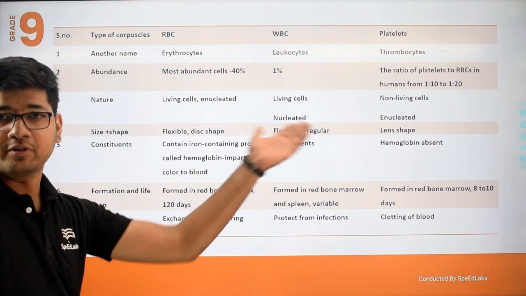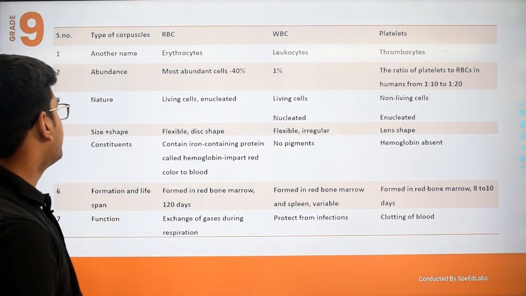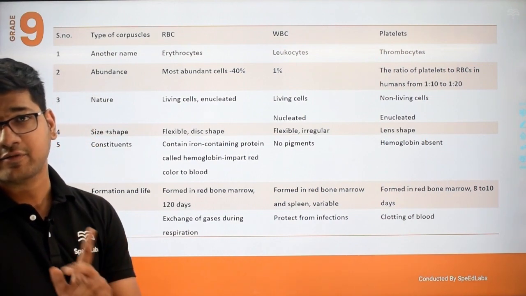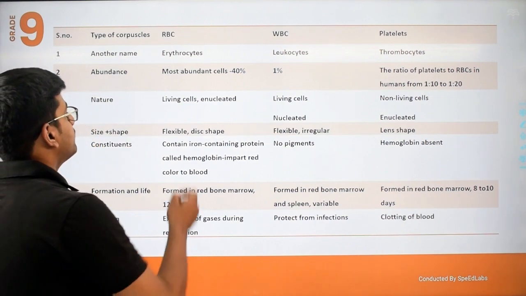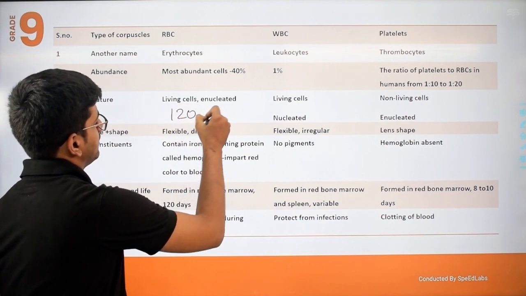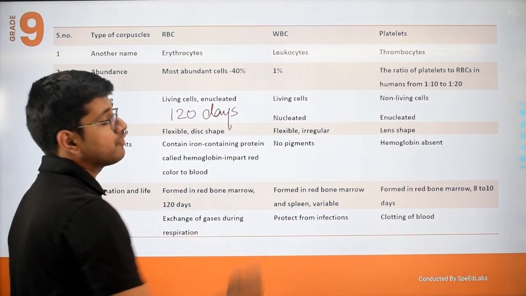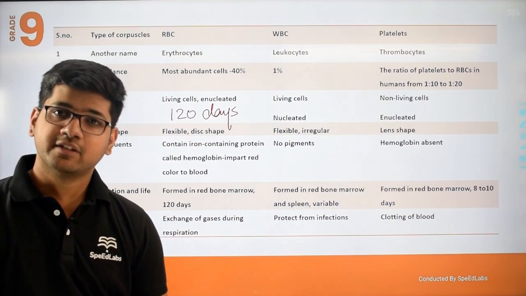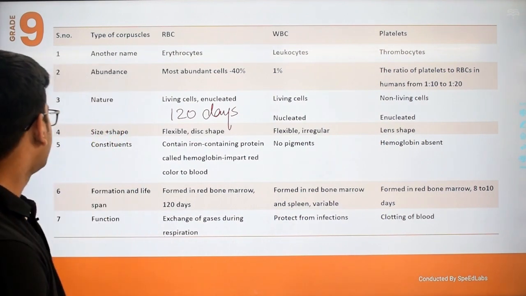When we talk about these three, RBCs are non-living cells, enucleated, so the nucleus is not present, and their life span is mainly 120 days. The production of RBCs starts in bone marrow and they are destroyed at the spleen.